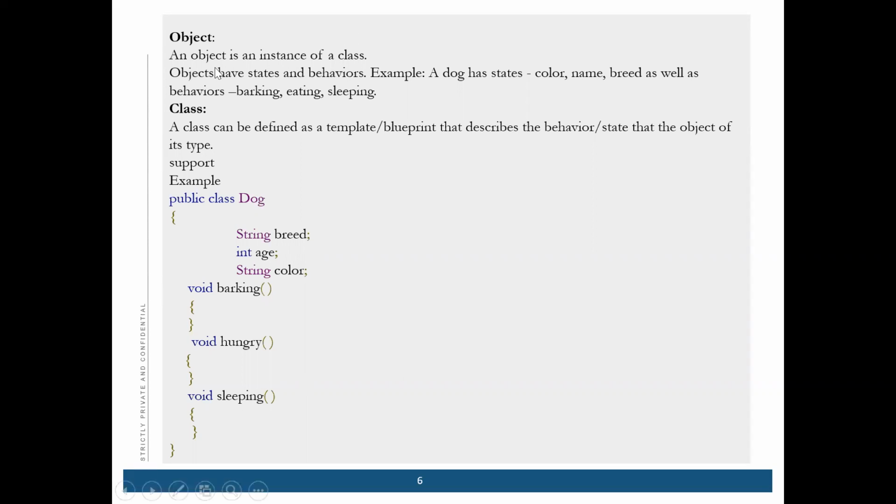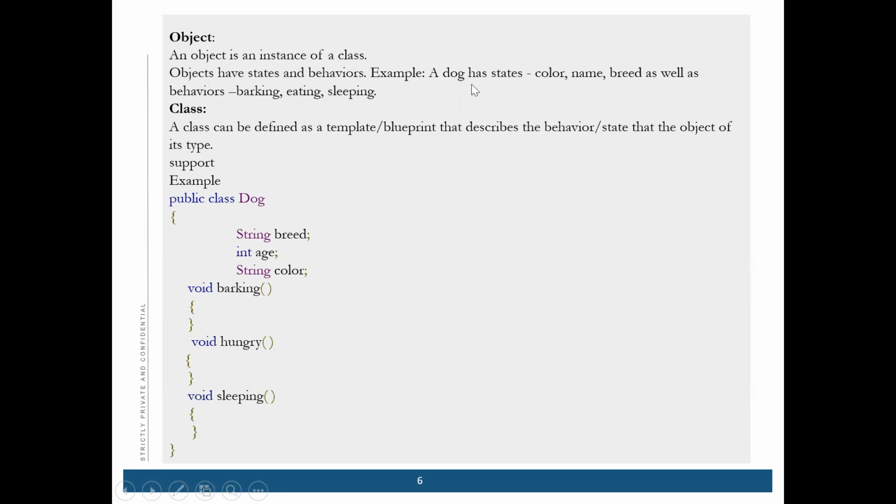In this, we will learn what is an object and what is a class. As I said, an object is an instance of a class. You just have to remember. Slowly, you will understand the meaning of instance, object, and classes.